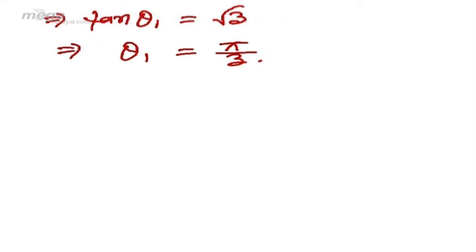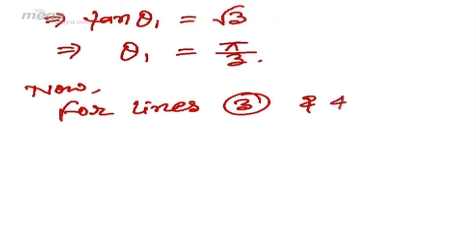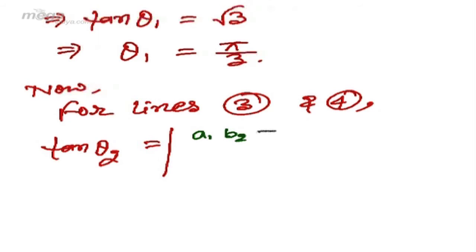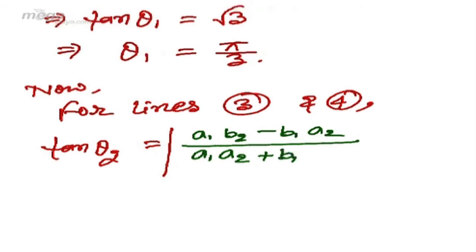Now we will find the angle between another pair. I am taking the another pair as third and fourth. Now for lines 3 and 4, tan theta 2 is equal to mod. Again we'll use the same formula. The formula is same, A1 B2 minus B1 A2 upon A1 A2 plus B1 B2.